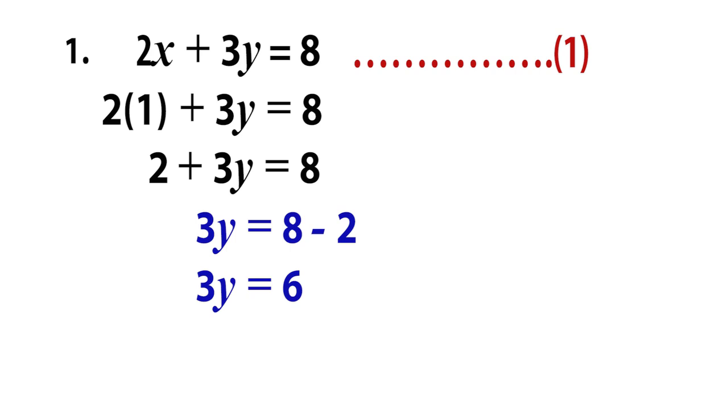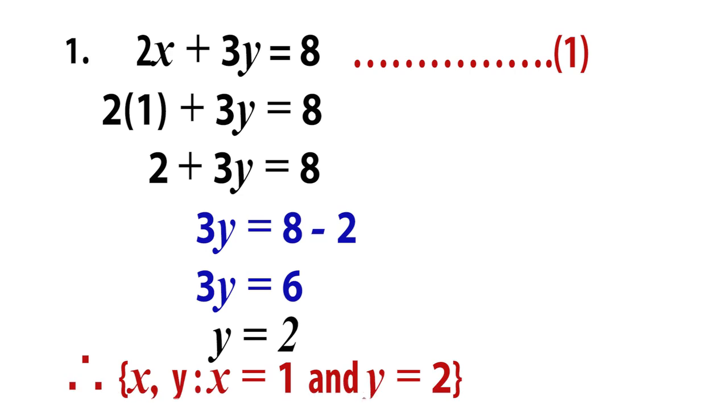And that gives us y is equal to 2. So the solution to our question is given by x and y, such that x is equal to 1 and y is equal to 2. Good.